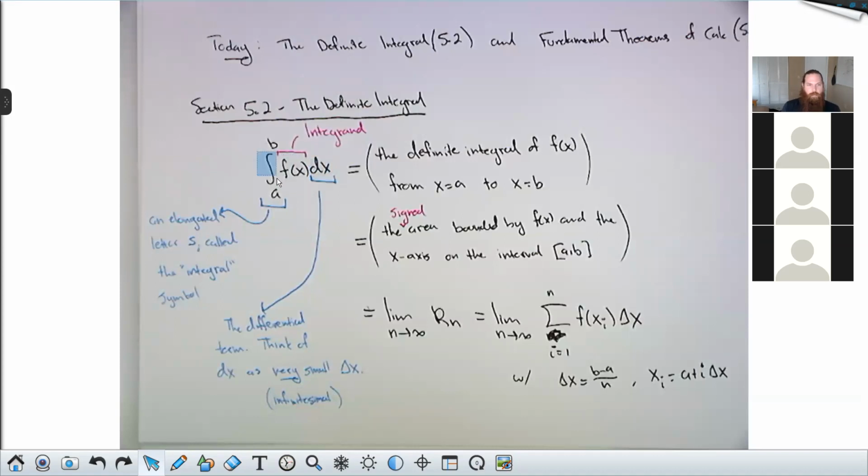So what we're doing here is we're adding up all of these little heights times these little widths to get the area. It's just that rather than having a finite but measurable little width like delta x, you have an infinitely small little width, dx.